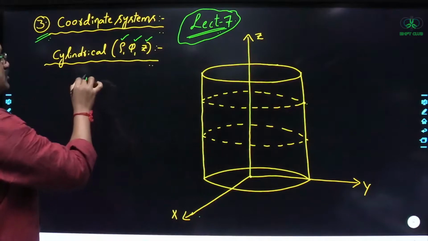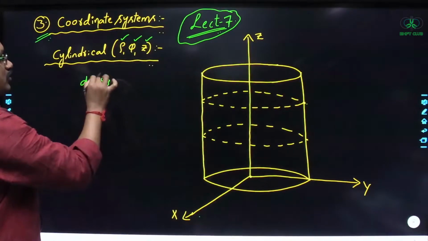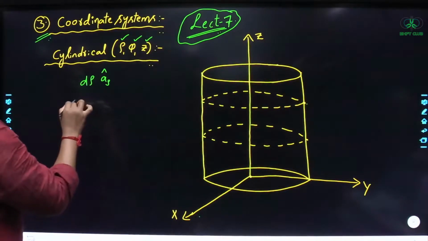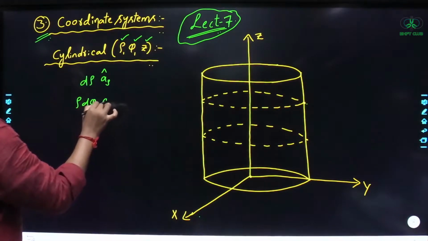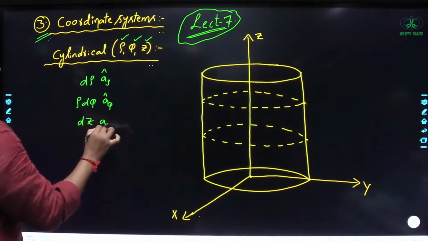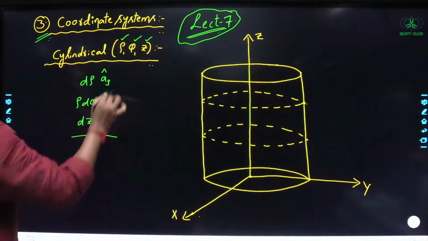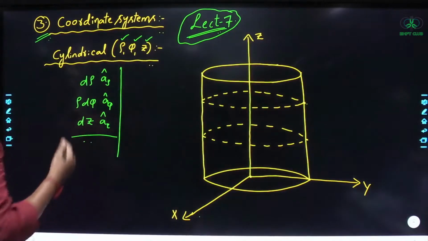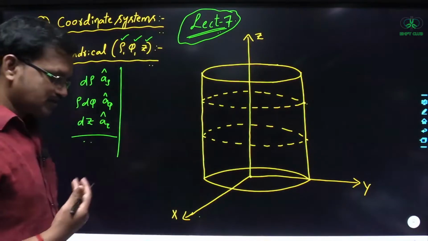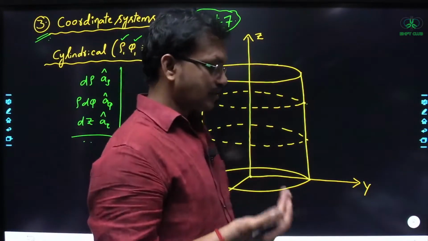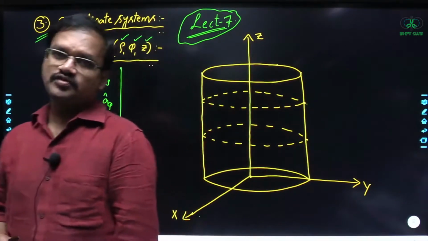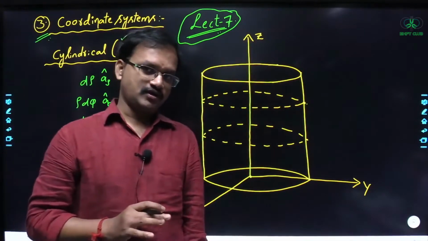The differential length along rho is d rho, a rho cap; along phi it is rho d phi, a phi cap; and along z it is dz, az cap. We have also seen the ranges of rho, phi, and z, and what happens if rho varies, if phi varies, and if z varies. All these things we have seen in the previous session.